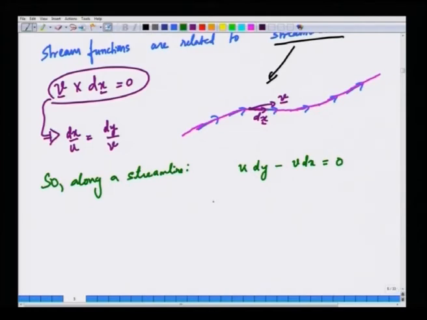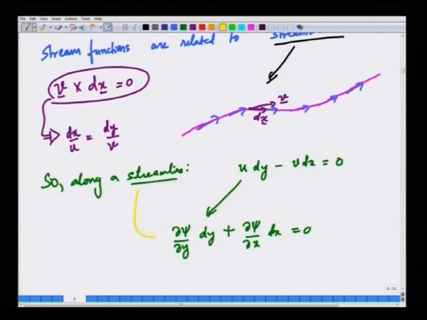Now, I am going to use the definition of stream function, that u is partial psi by partial y, v is minus partial psi by partial x. There is also one more negative sign, the two negatives will make a positive: partial psi by partial y dy plus partial psi by partial x dx is 0. So, along a streamline, we are finding this relation.